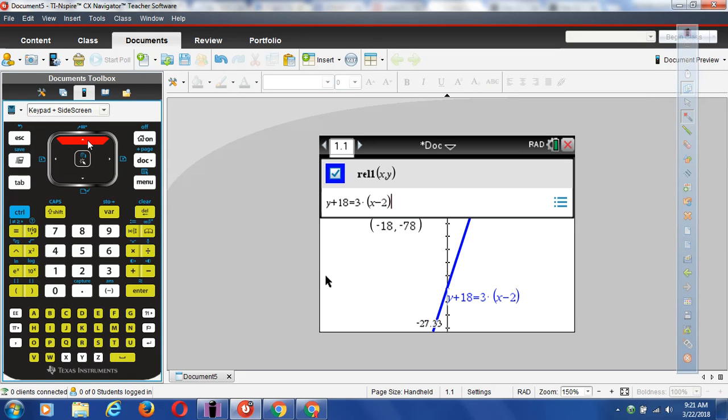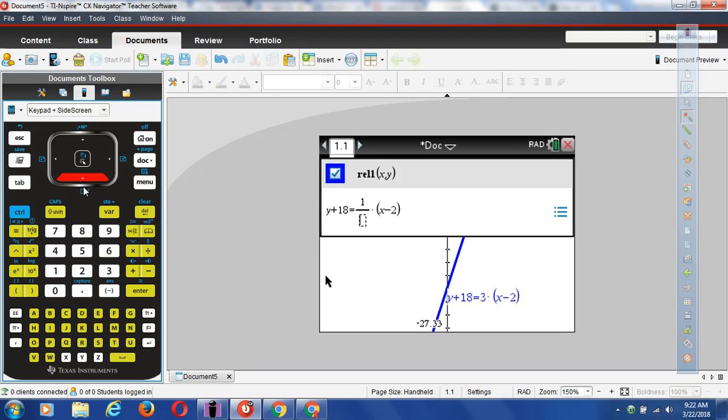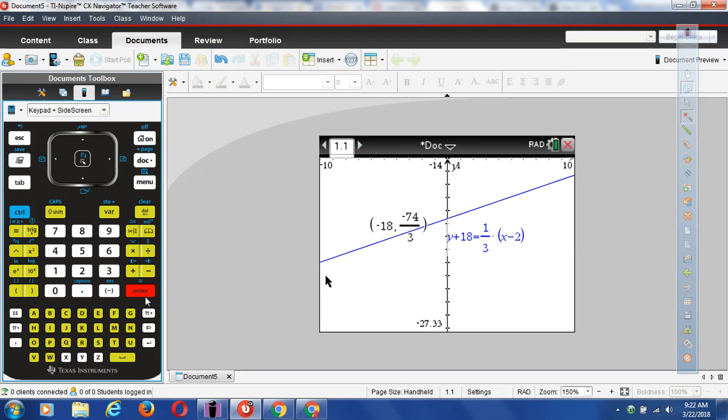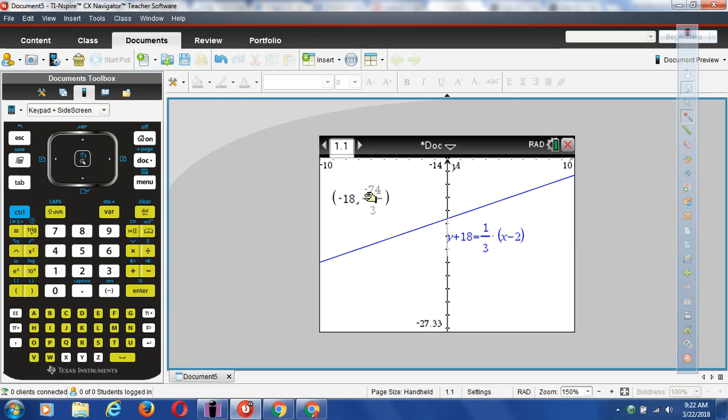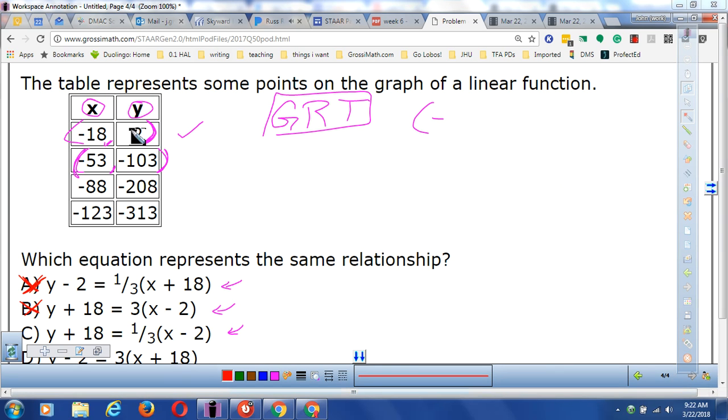Go up here, go back there, get rid of that, and put 1/3. Okay, 18, negative 74/3. That doesn't look right either, because in this one I see just the number 2. Obviously, negative 74/3 is not going to come out to a 2. Okay, so C has to be wrong. So I suspect that it's D.